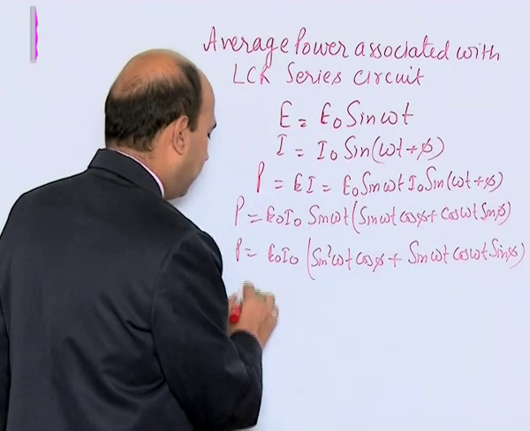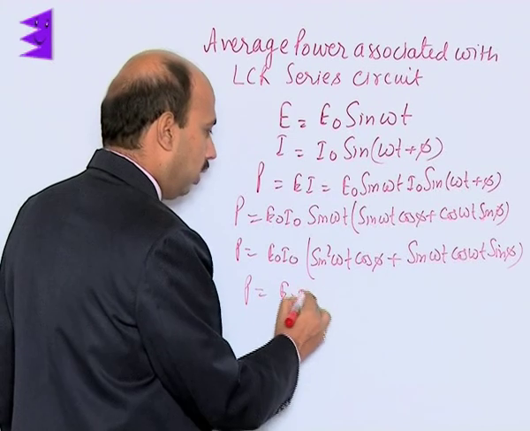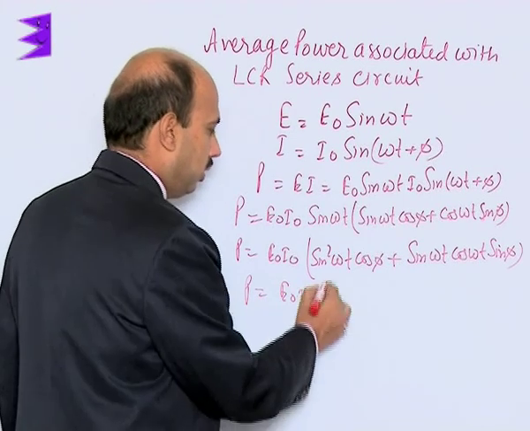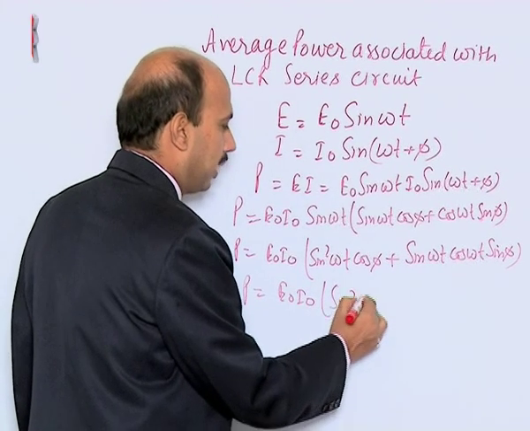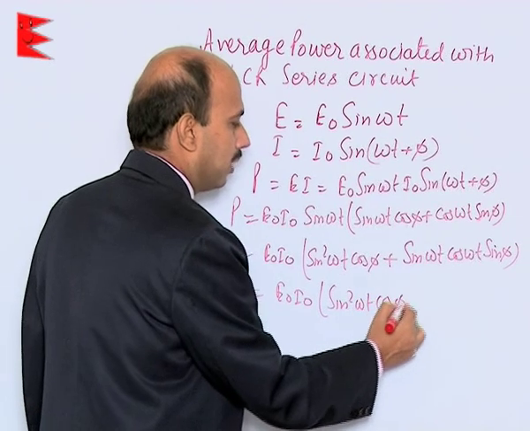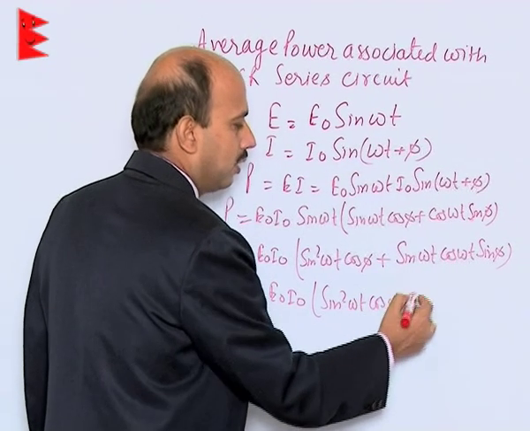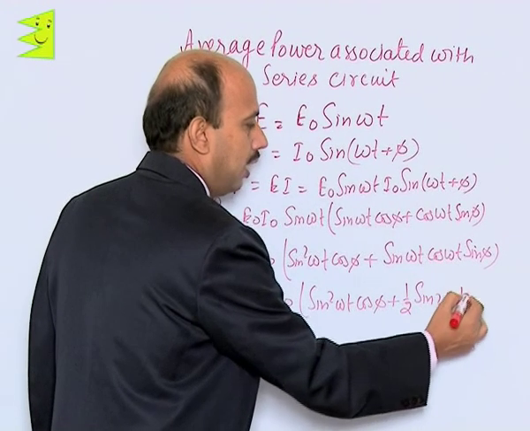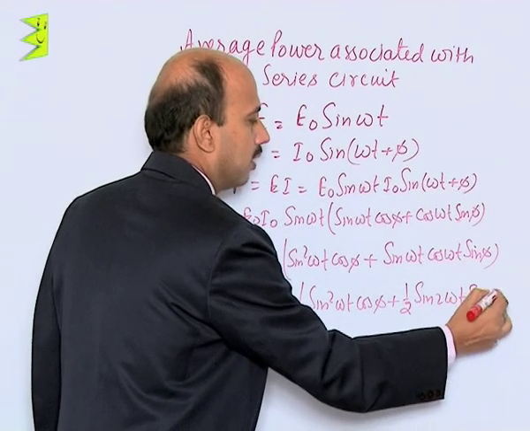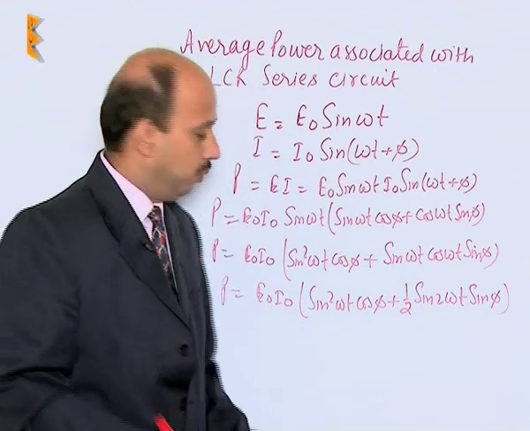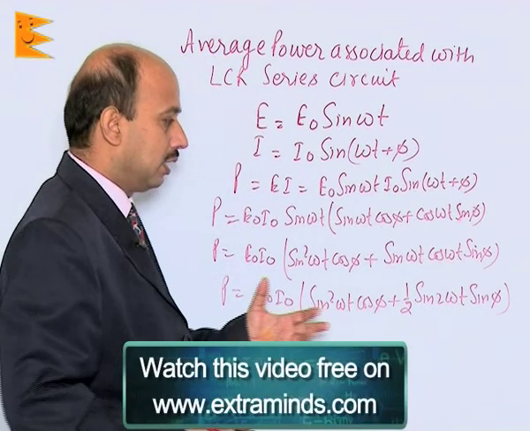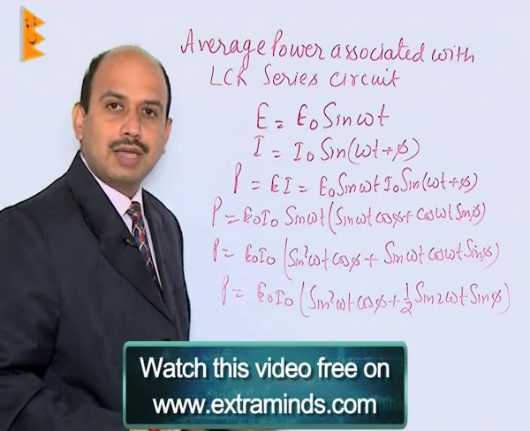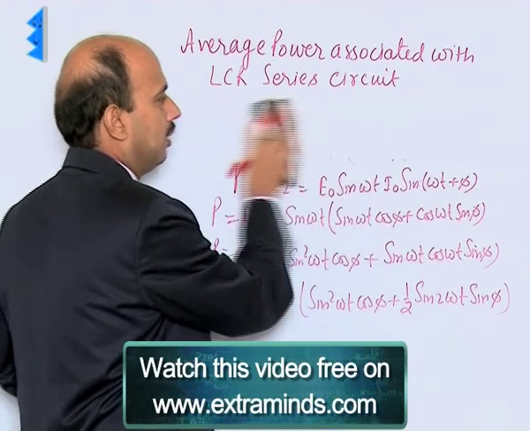We can also write P = E₀I₀ [sin²ωt cos φ + 1/2 sin 2ωt sin φ]. So we can get the total work done in one time period, that is, in the total time interval.